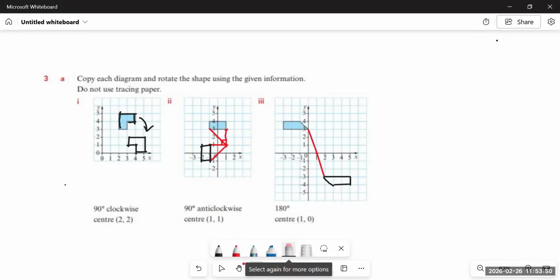So this is the translation over here when this is the center of rotation. Here the center of rotation is this one, and here it is this one. So keeping in mind, when the direction is clockwise, it would be a different rotation, and when it's anti-clockwise, it will be a different rotation.